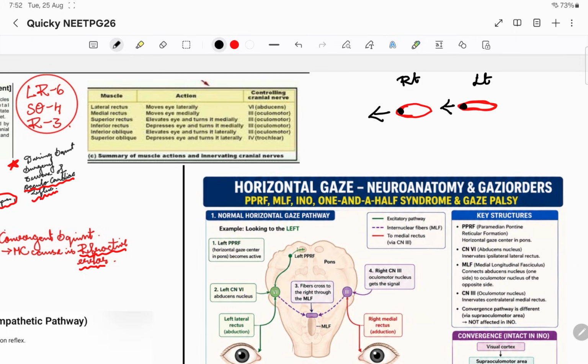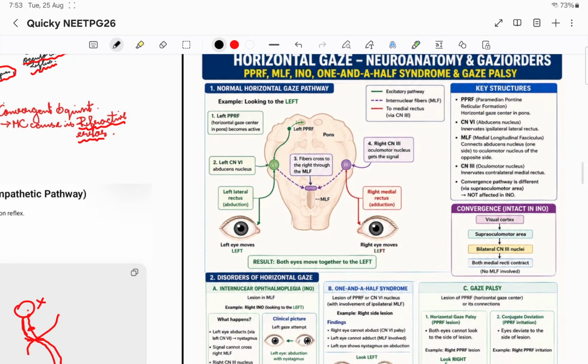How does this happen? Here the lateral rectus is working, but here the medial rectus is working. So how does the brain know that it is the medial rectus that is to be moved? That is where the MLF comes in. The medial longitudinal fasciculus sends the signal and coordinates the eyes. If there is a lesion in the MLF, that is where the problem occurs.